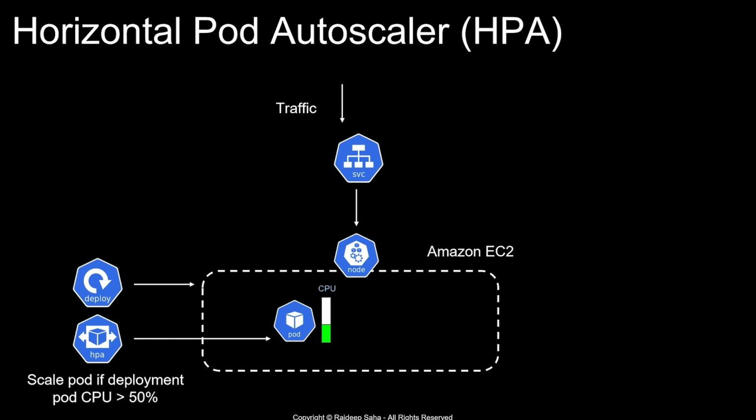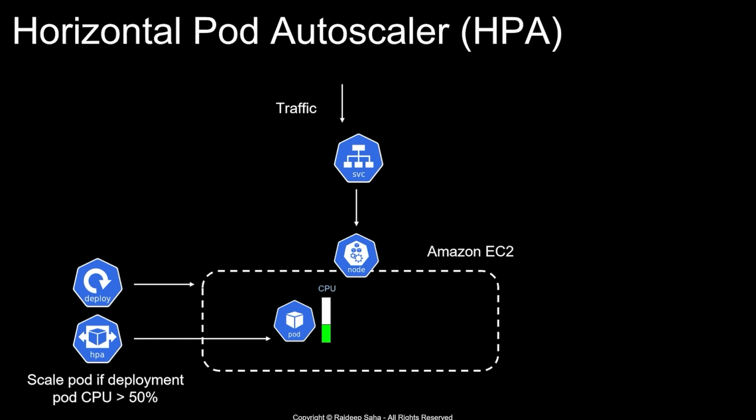So if there is only one pod currently running under the deployment, then it goes by the CPU of this pod. But if there are multiple pods running, horizontal pod autoscaler will look at the average CPU utilization of the whole deployment across all these pods. And if it is more than 50%, it will increase the number of replicas in that deployment. And even though in this example, I'm just showing CPU, you can trigger HPA based on memory and other metrics as well.